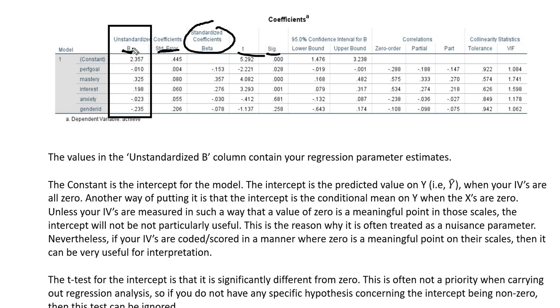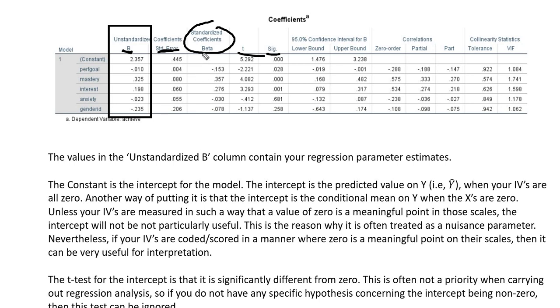One of the downsides of the unstandardized coefficients is that they are all dependent on the scales of measurement of the independent variables. The standardized coefficients treat the independent variables and the DV, by the way, as all having a scale with a mean of 0 and standard deviation of 1.